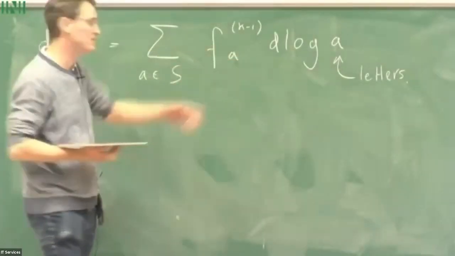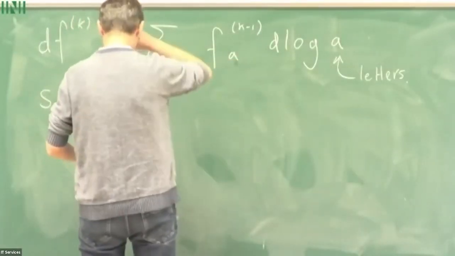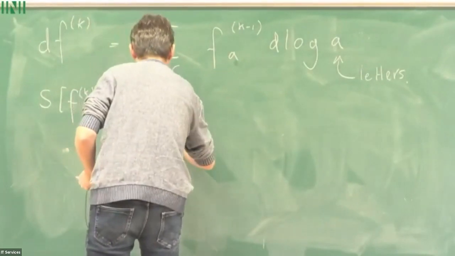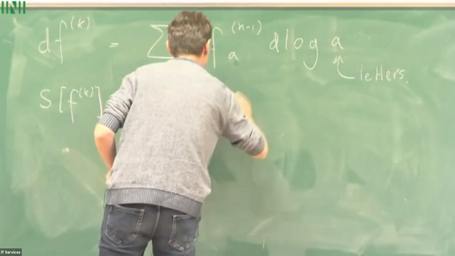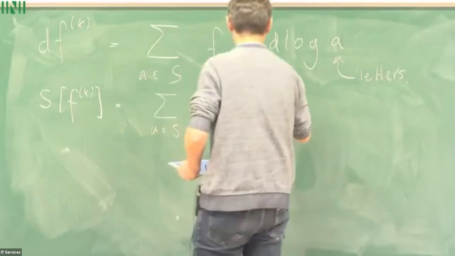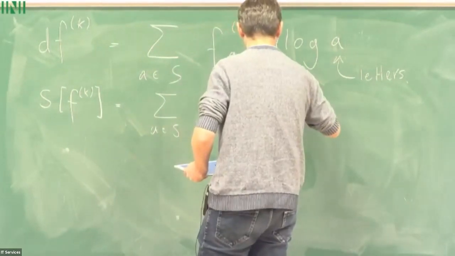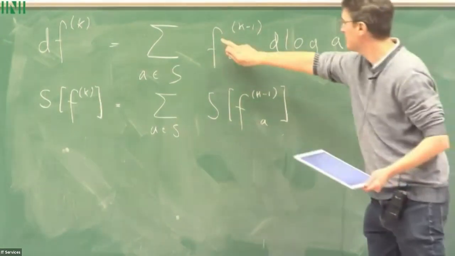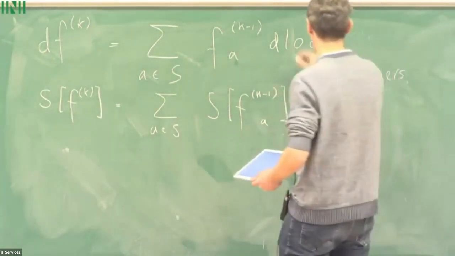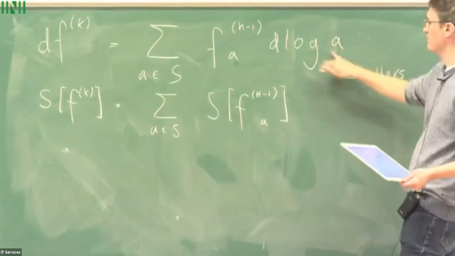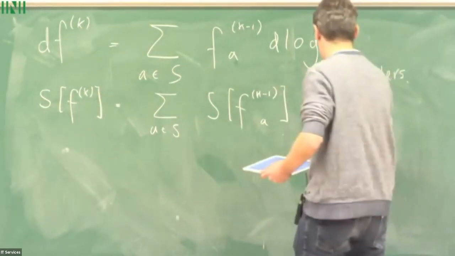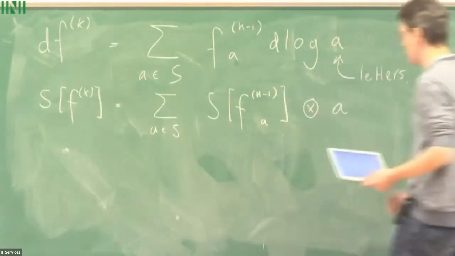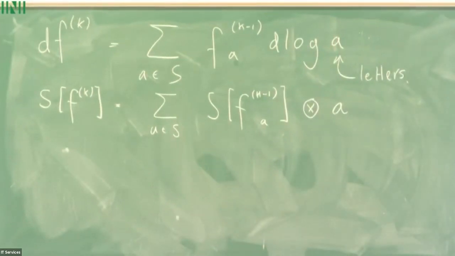So by following this equation, I can iteratively define the symbol. So I take the symbol of the function f, and then I take the symbol of this thing. And here I will record just the argument of d log for brevity. So I'll put a tensor product and just record the letter A.